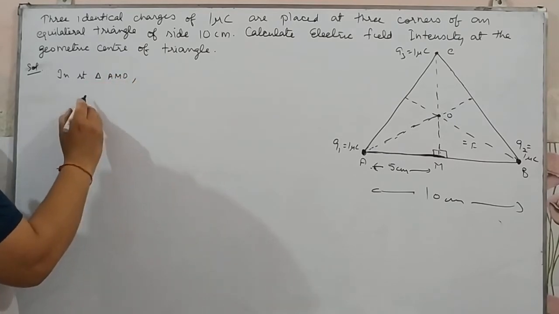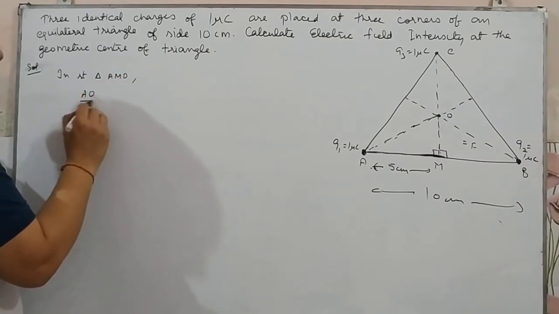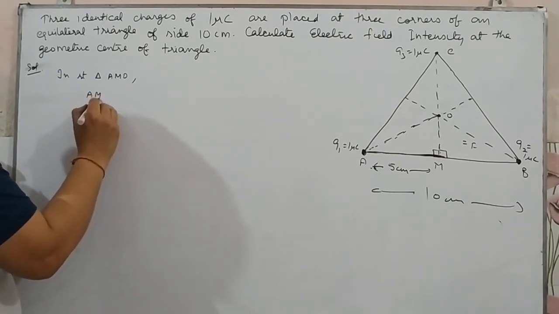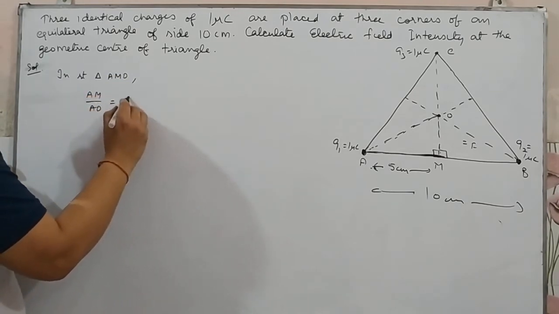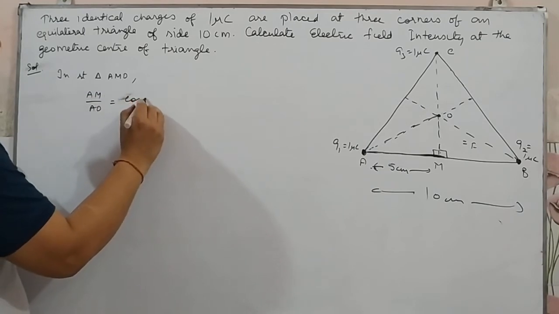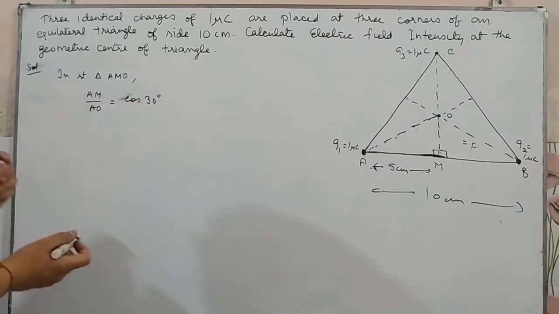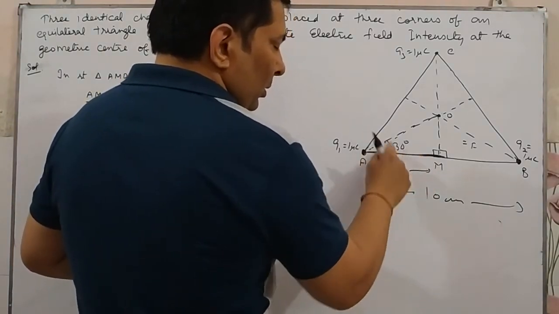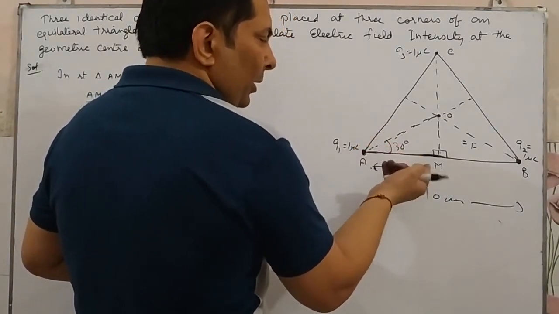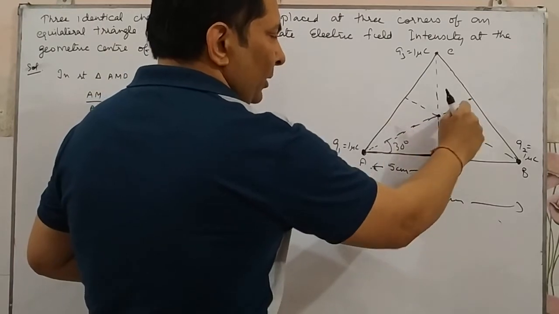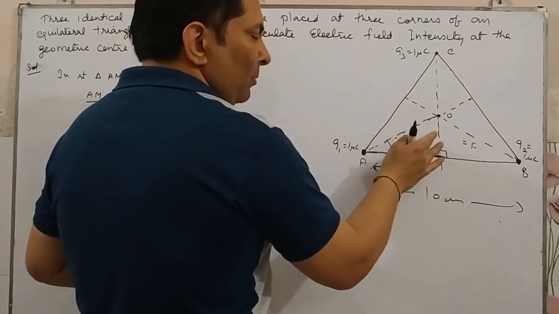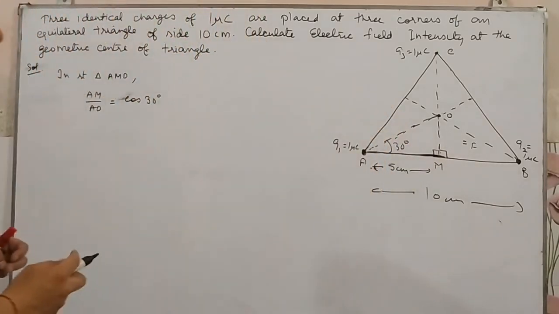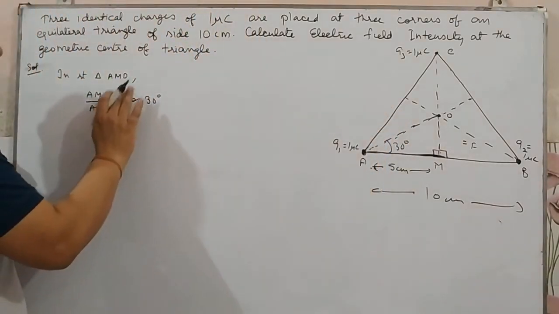We can see that AM divided by AO is cos 30 degree. Why 30? Because in this case the whole angle is 60. It's an equilateral triangle, and if this is a median, it divides the angle into 2 equal parts, so this angle is also half. This becomes equal to 30. So we have this equal to cos 30.